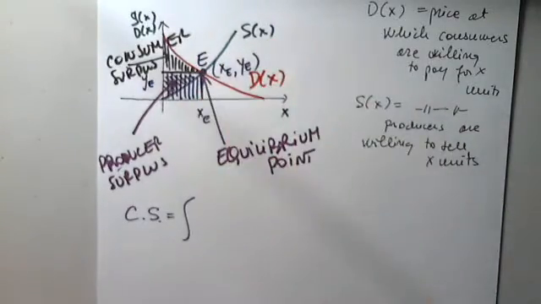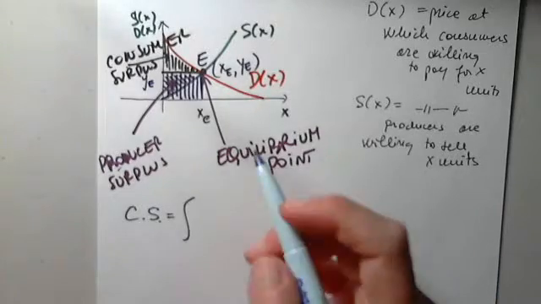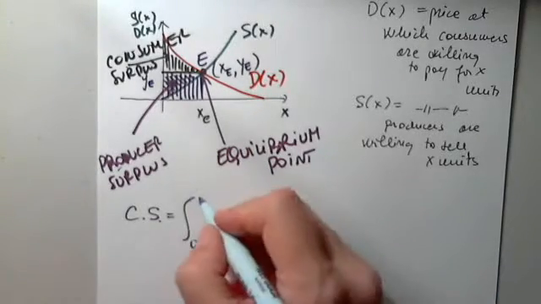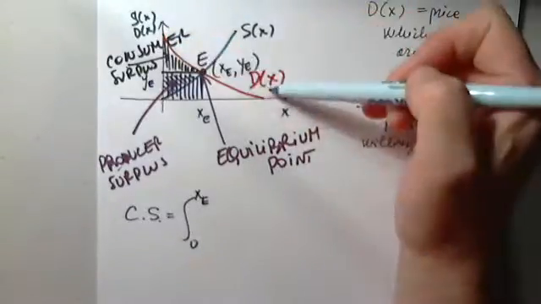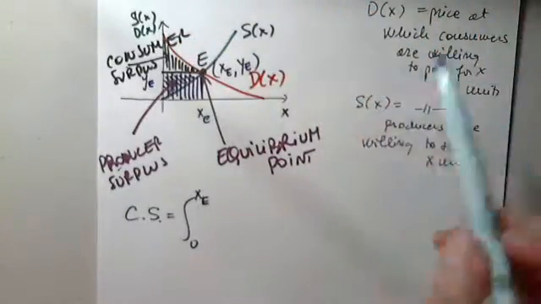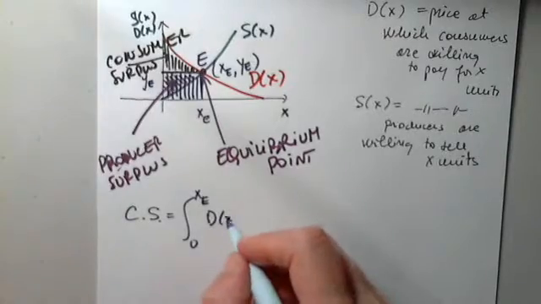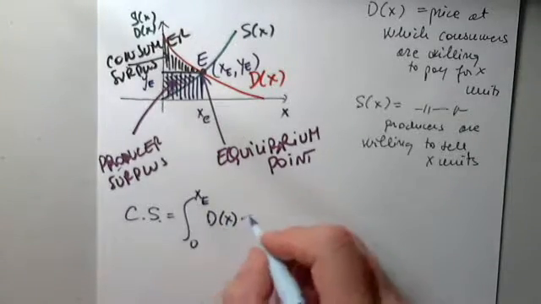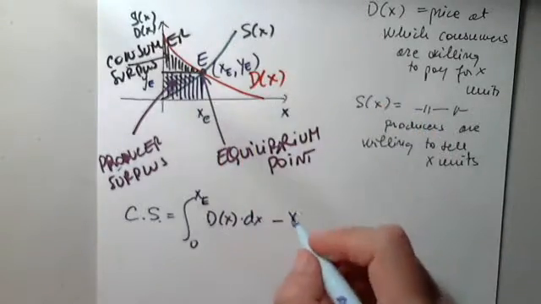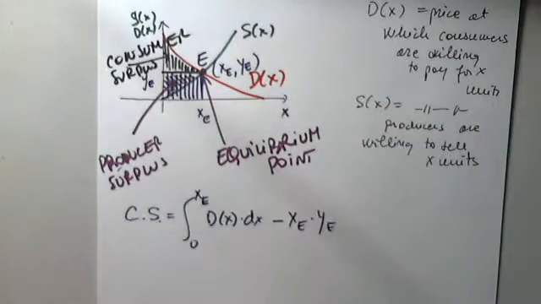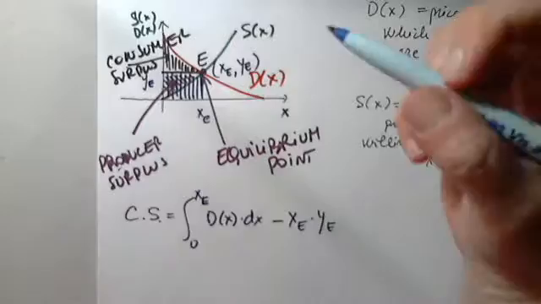Let's call it E, equilibrium point. From 0 to xe of d of x dx, minus the area of the rectangle, which is xe times ye. This will be the consumer surplus.